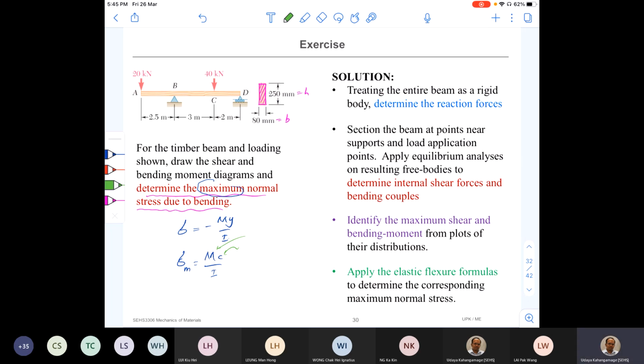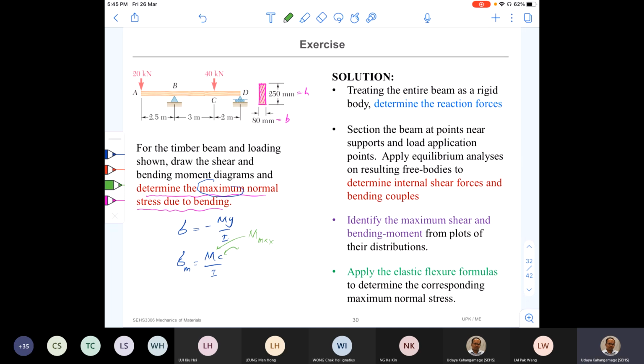At any point, the bending moment is different. So if you want to find the absolute maximum bending stress in this beam, then we need to find the location where the maximum bending moment is. At that point, the outer surface stress is the maximum. So this M here should be M max, the maximum bending moment from the bending moment diagram.